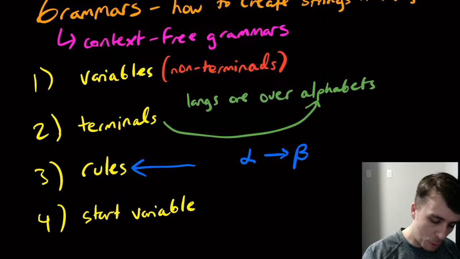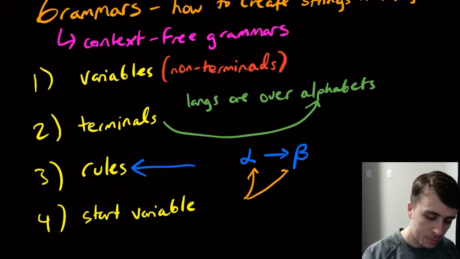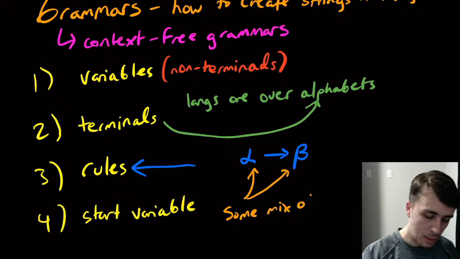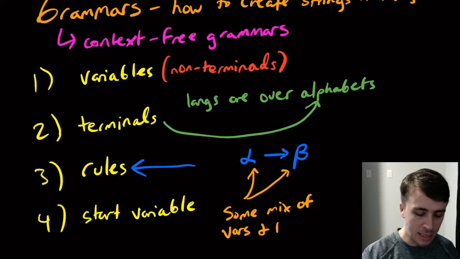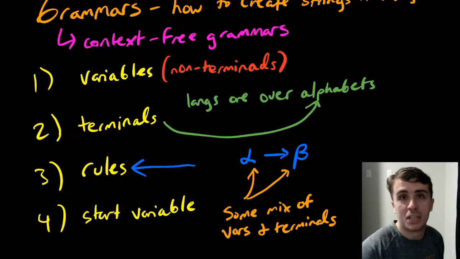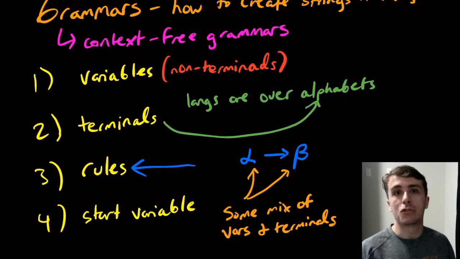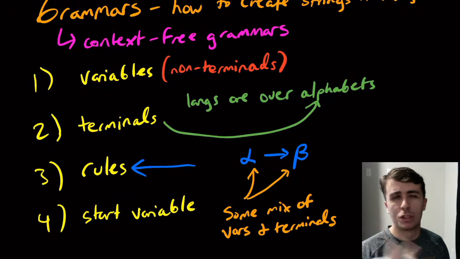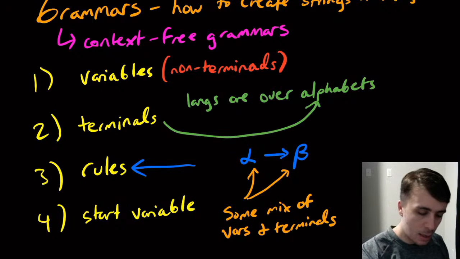And both of these on both sides are some mix of variables, which I'm going to abbreviate vars, and terminals. Okay, so it's just some mix on both sides. And context-free grammars, the ones that we're talking about, will have a certain structure, but in general, for grammars, they could have anything on the left and anything on the right.